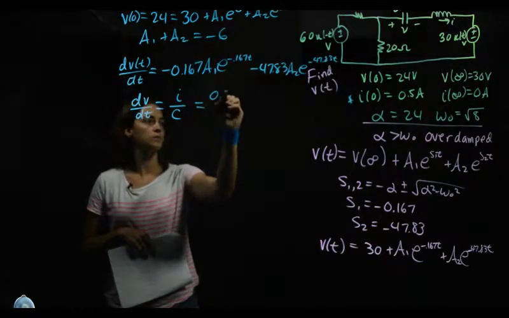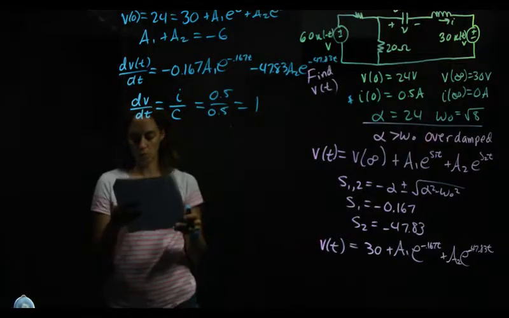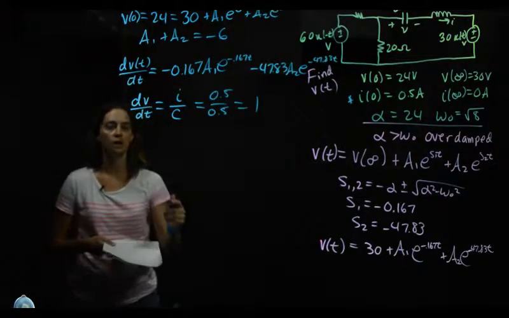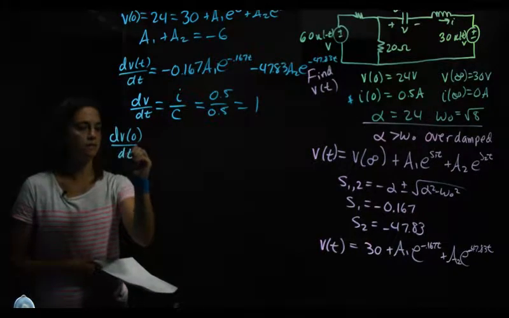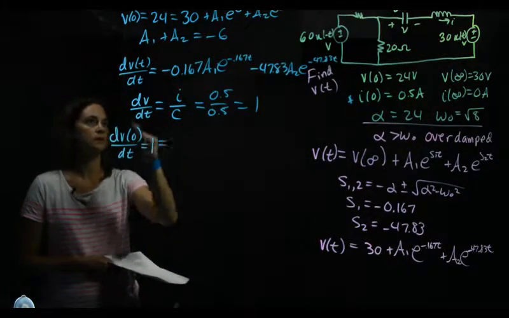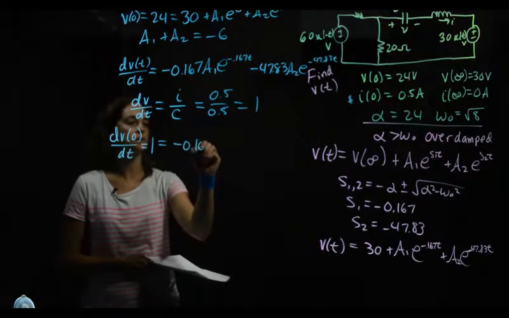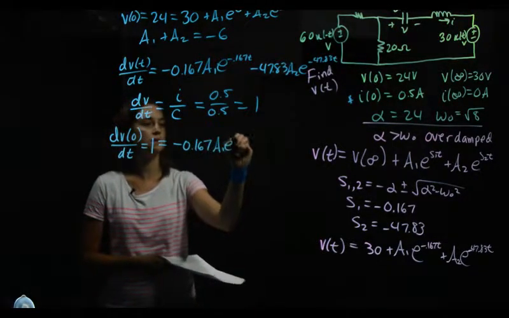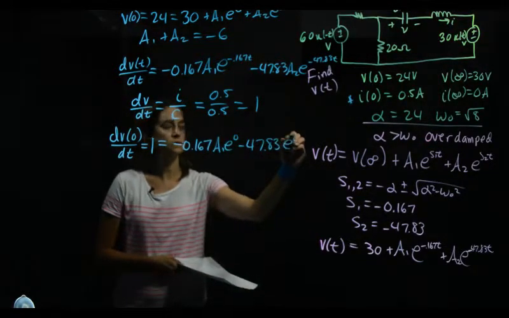So it's 0.5 over C, which is 0.5, or 1. So I know that dv of 0 by dt is equal to 1, plug 0 into here, equals minus 0.167 A1 e to the 0 minus 47.83 A2 e to the 0.